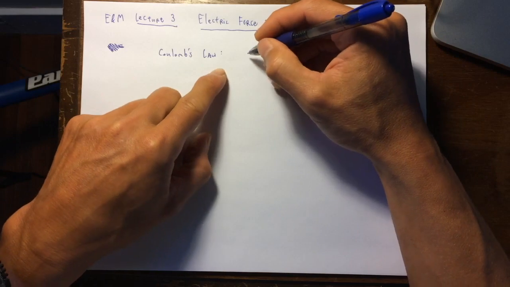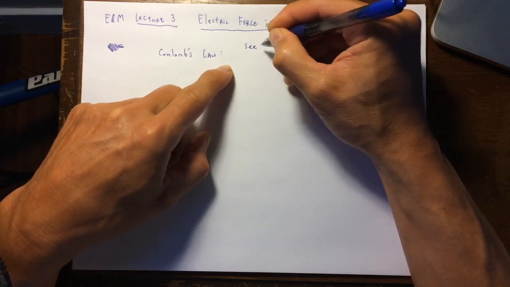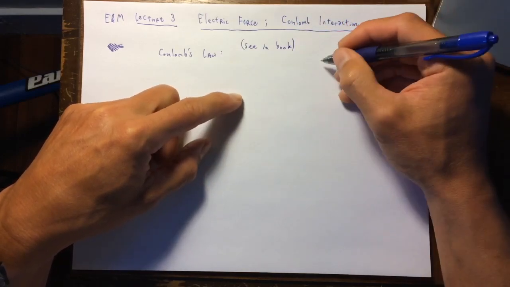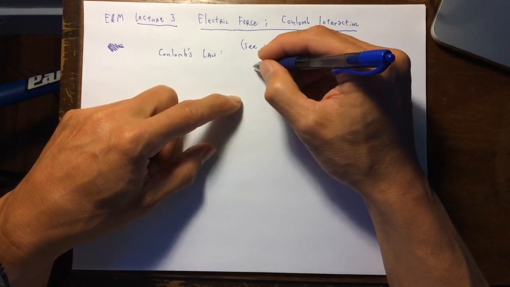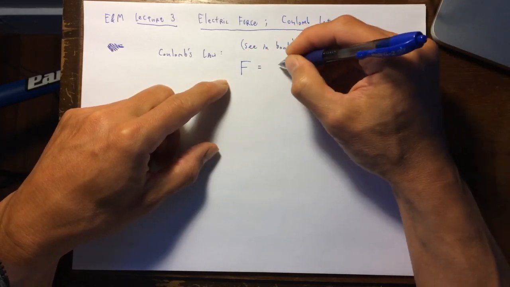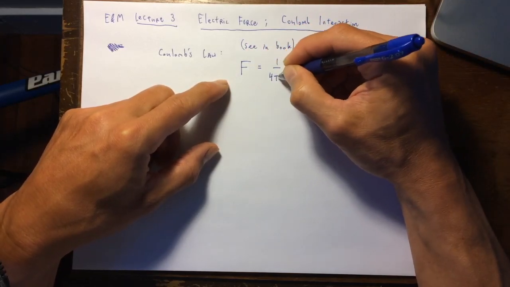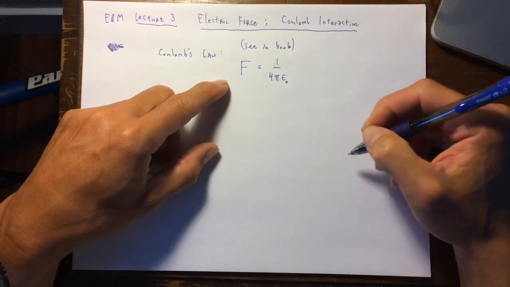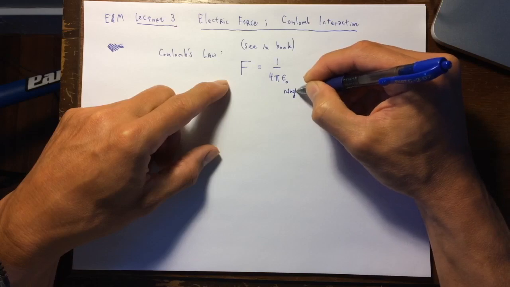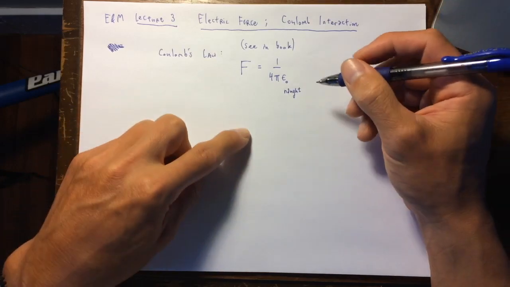And Coulomb's Law looks like this. This is often what you see in a book. You're going to see an expression that looks like this. It's going to be sort of bare bones. F equals 1 over 4 pi epsilon sub 0, or epsilon naught. I like to use the word naught. It's sort of an old word.